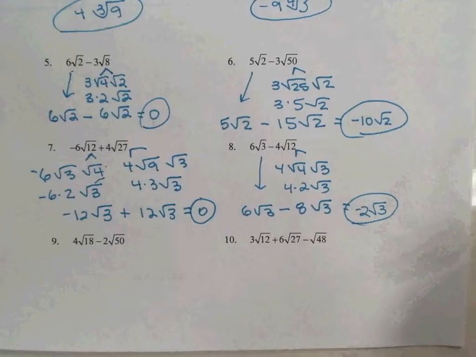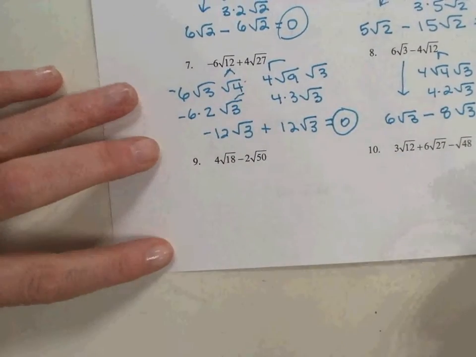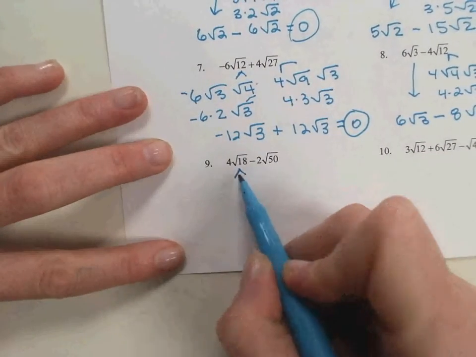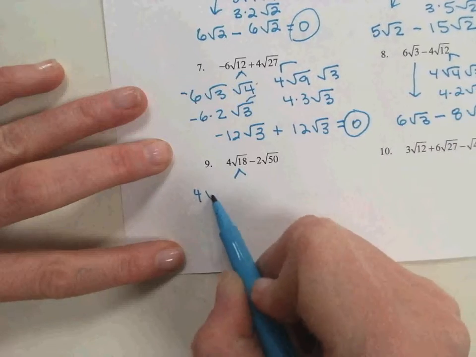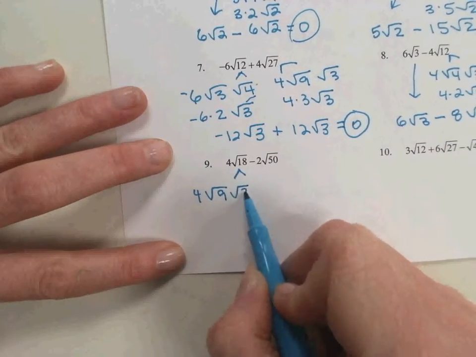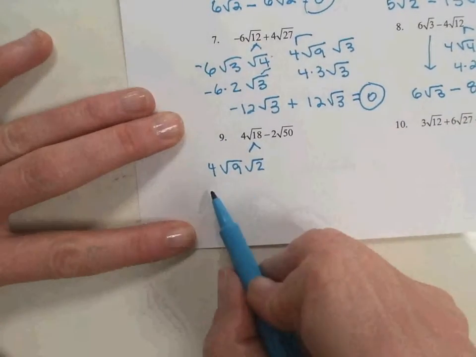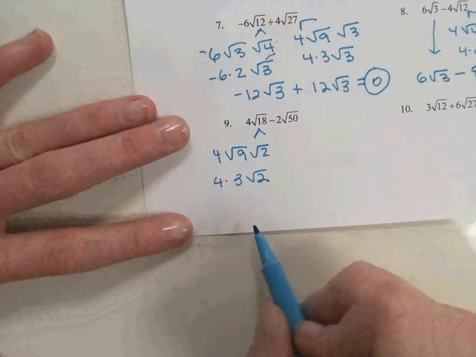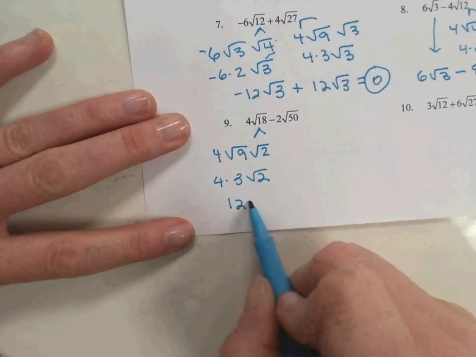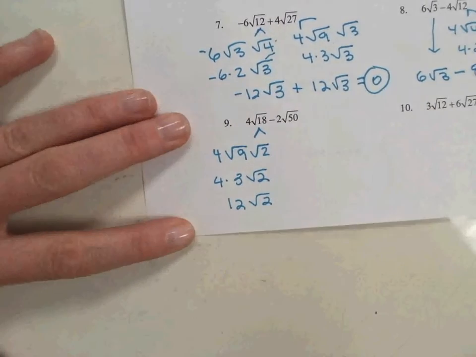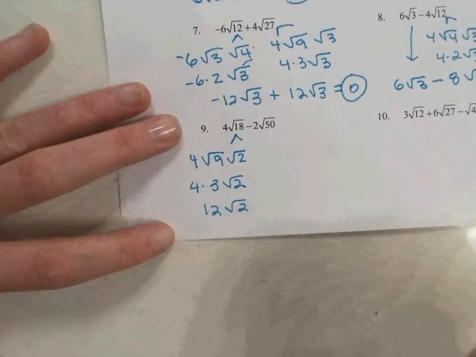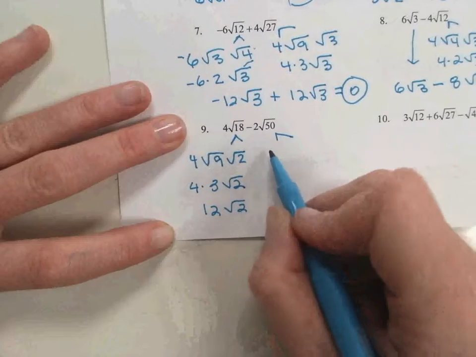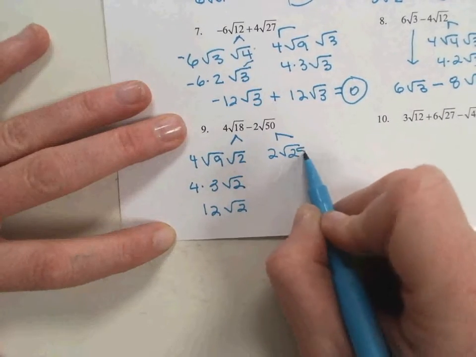Number 9. We're going to simplify the 18. I see a perfect square factor there of 9. Square root of 9 is 3. So we have 12 radical 2. Square root of 50 we just did, so that's a 25.